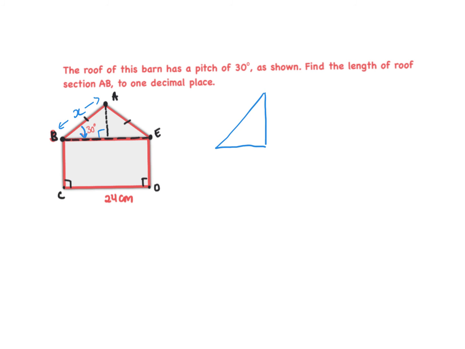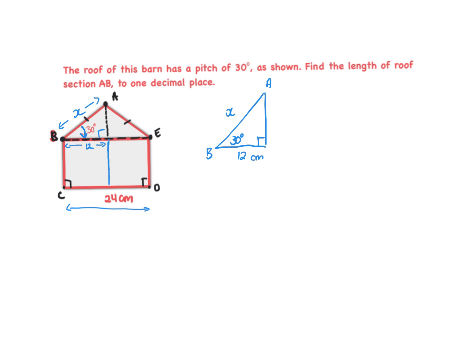So I'll write so I know it's A and B, and I'm calling that what I don't know, and I know this is 30. Now, I need another length. So can you see, if they're saying across here is 24, this would be halfway through it. So how long is this distance going to be? 12. So now I know this is 12 centimetres.